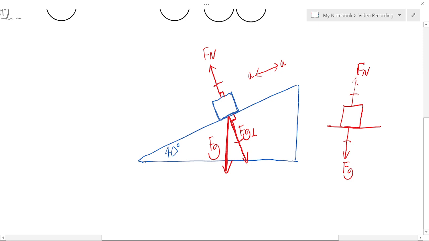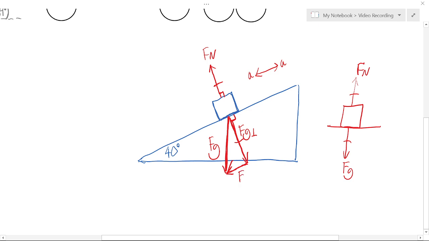So to summarize, the part of gravity that is supported by the ramp is the part that is perpendicular to the ramp. Now, part of gravity also wants to pull the object down the ramp. Depending on the problem, it might not be successful in pulling the object down the ramp. Someone might be pushing it up the ramp, for example.